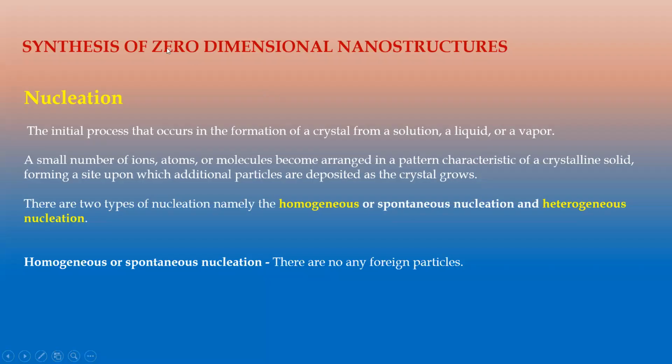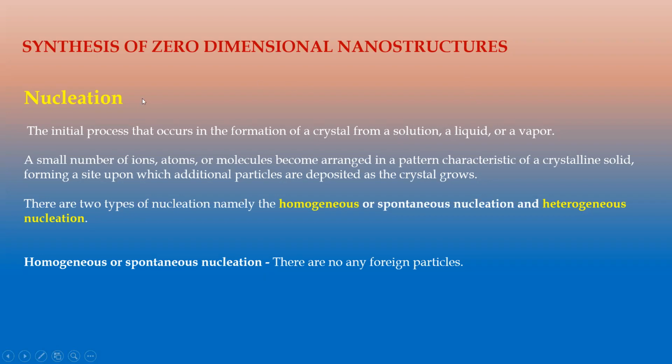So we want to discuss how we can synthesize these zero-dimensional nanostructures. The fundamental process of the synthesis of nanomaterial is the nucleation process. Nucleation is the initial step of the formation of a crystal from a solution, liquid, or vapor.